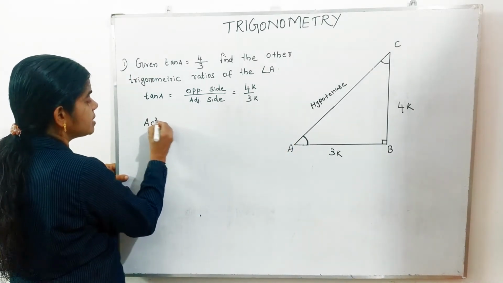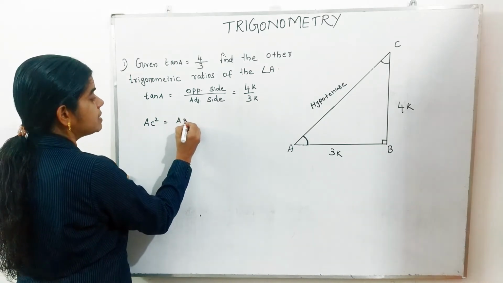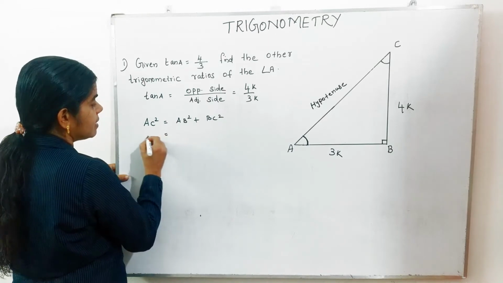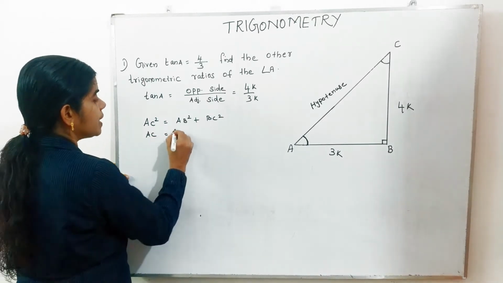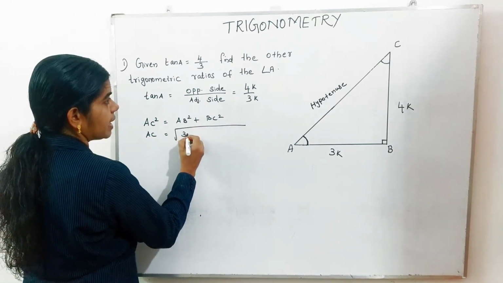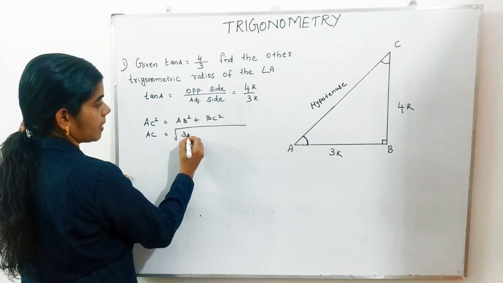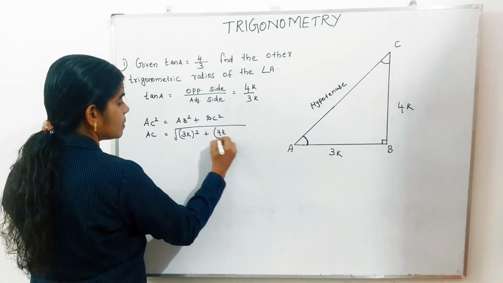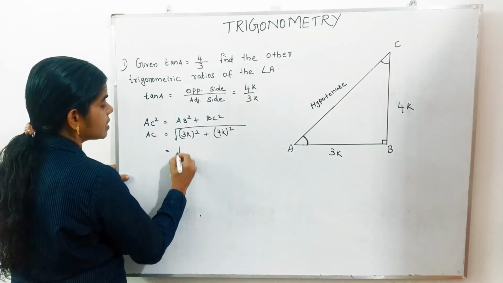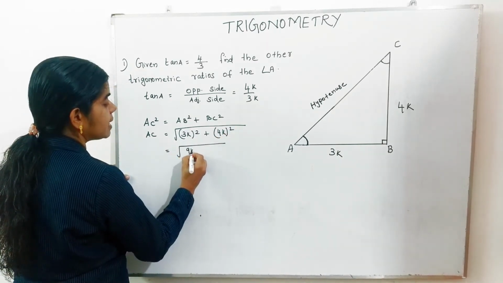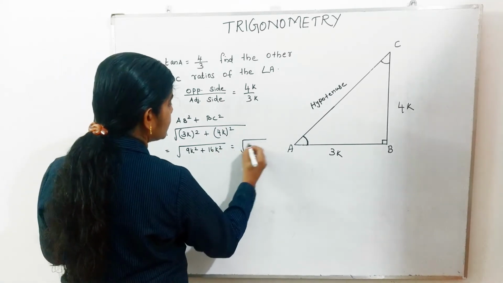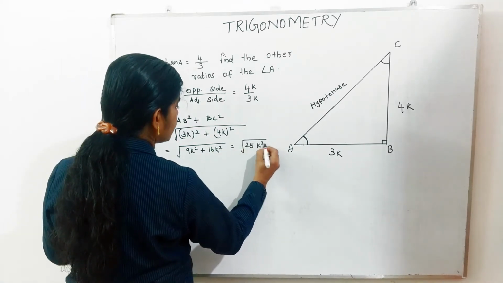That is AC square is equal to AB square plus BC square. That is AC will be square root of (3k) whole square plus (4k) whole square. That is root of 9k square plus 16k square, which is equal to 25k square.